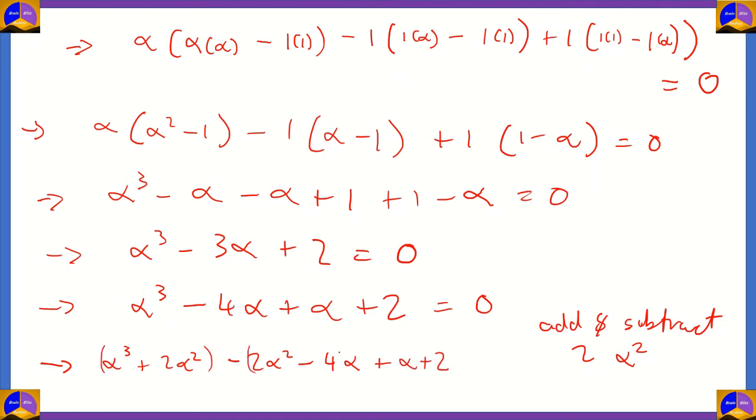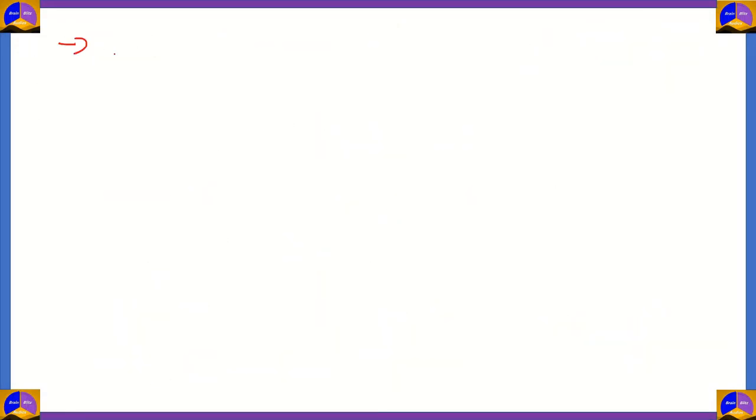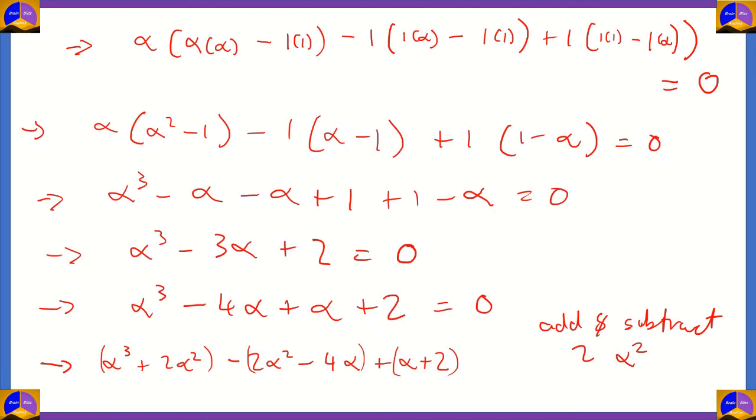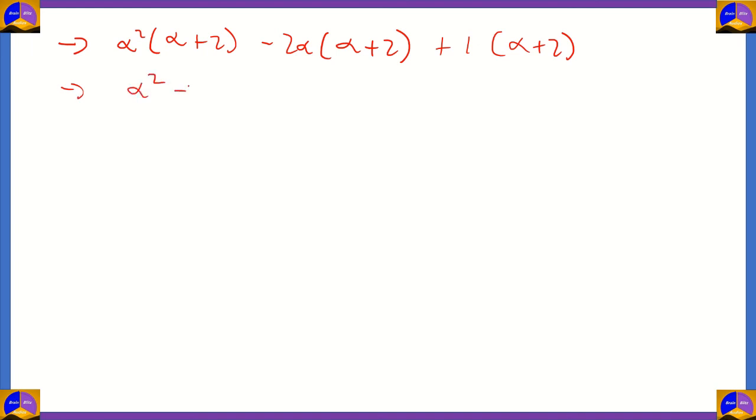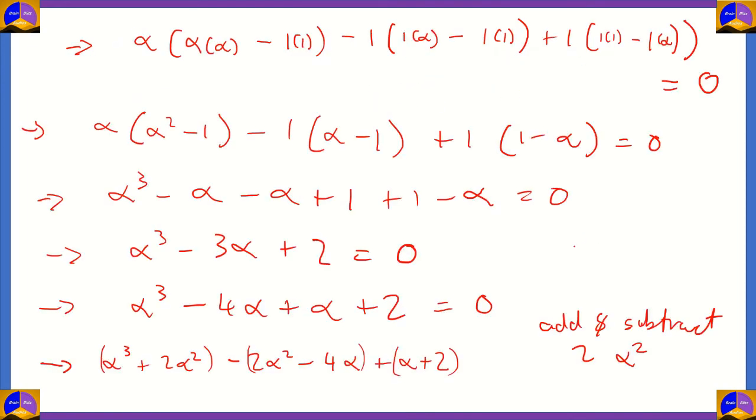So now we'll take alpha plus 2 common outside. So basically you have alpha squared times alpha plus 2 minus 2 alpha times alpha plus 2 plus 1 times alpha plus 2. So therefore you get alpha squared minus 2 alpha plus 1 times alpha plus 2 equal to 0.